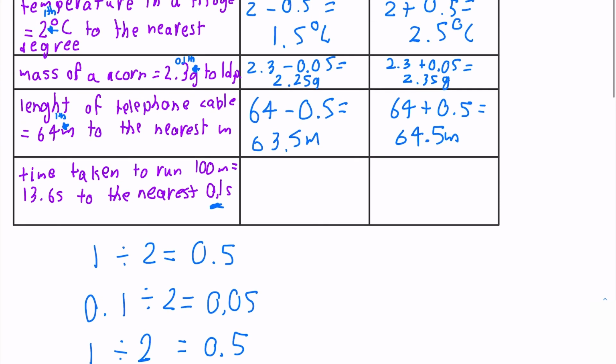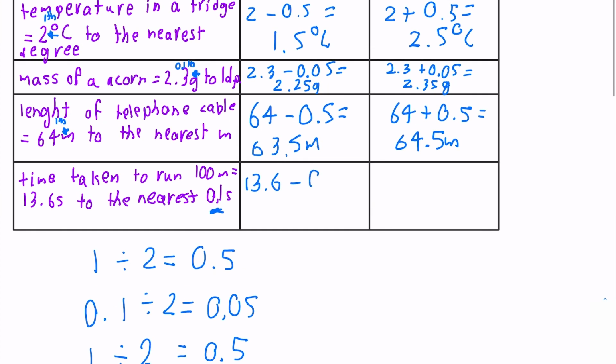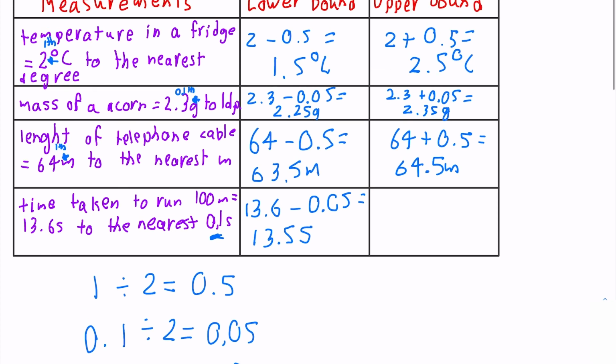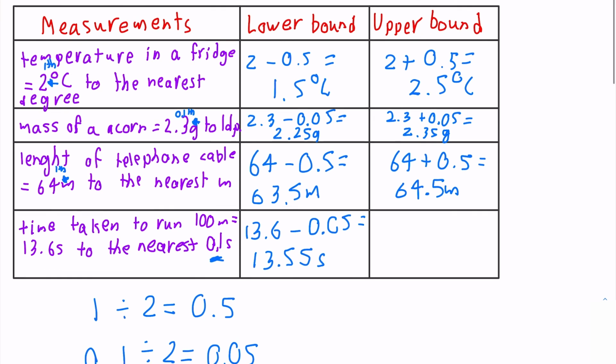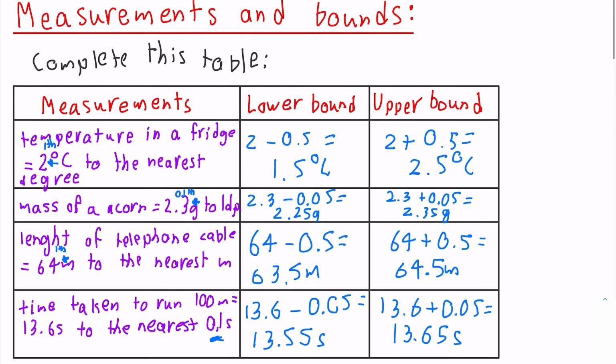So 13.6 minus 0.05 equals 13.55 seconds, and 13.6 plus 0.05 equals 13.65 seconds.